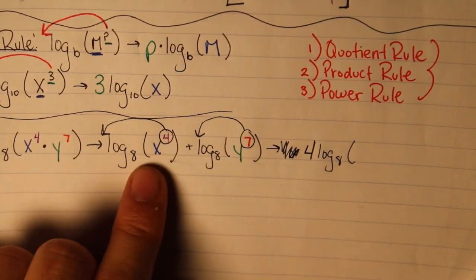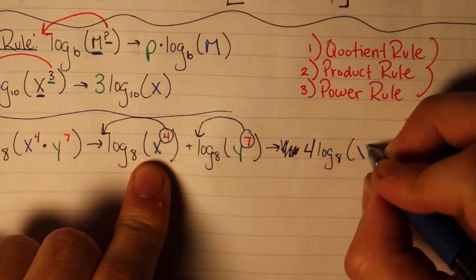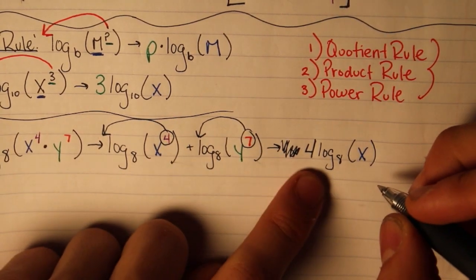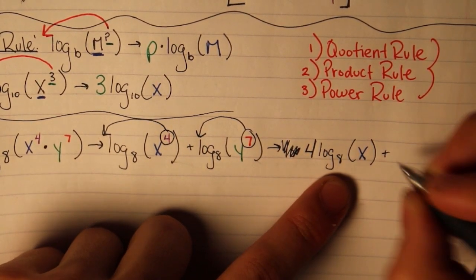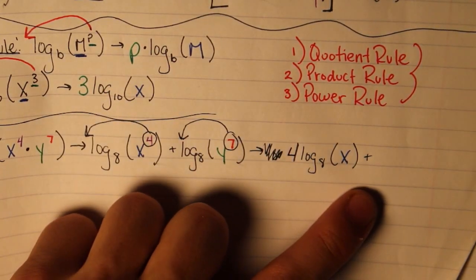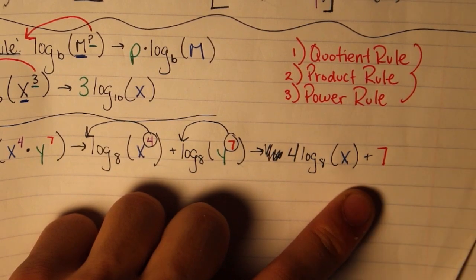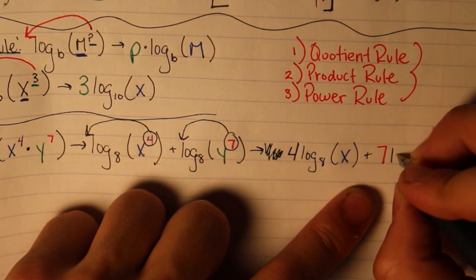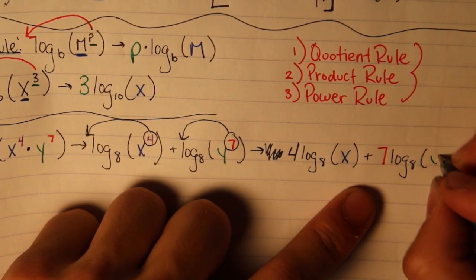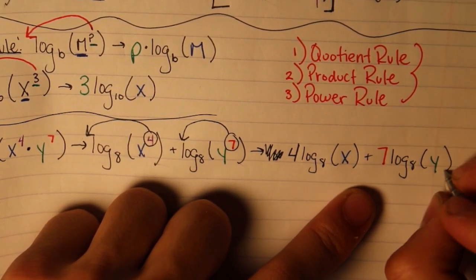We keep our variable in the parenthesis. So 4 times log base 8 of x, we have our plus, right? The product rule, we keep it the same. And then we take our 7, move it to the front, log base 8 of y. And that's how you expand, right?